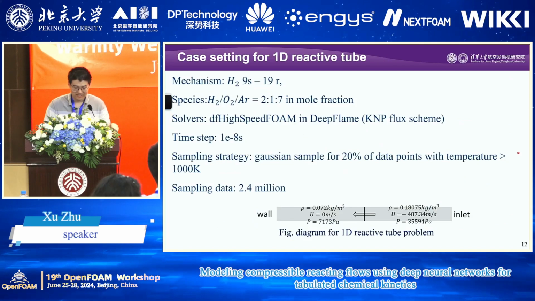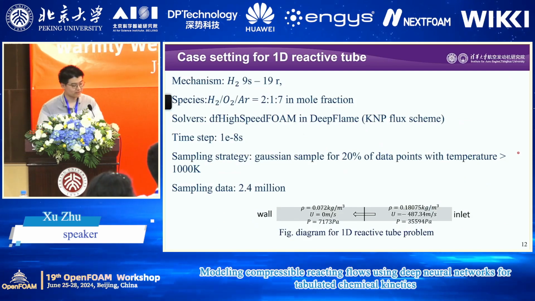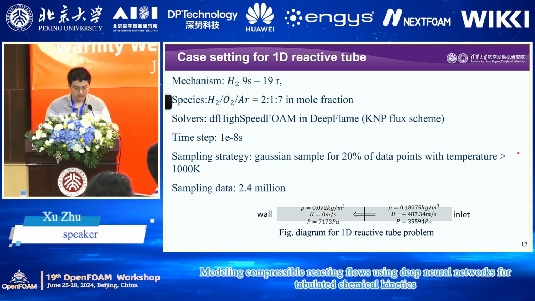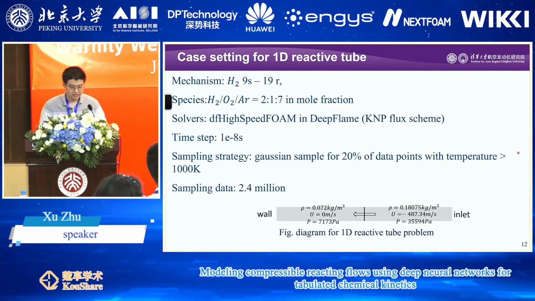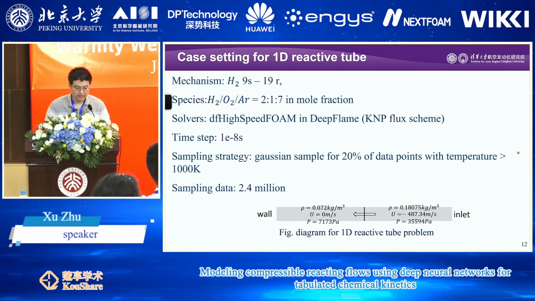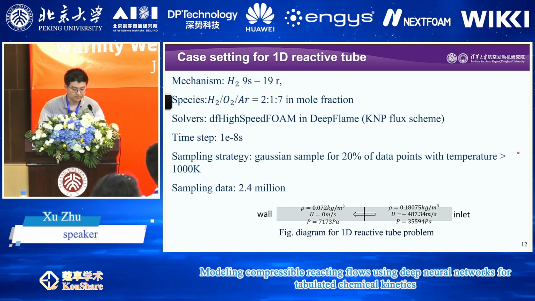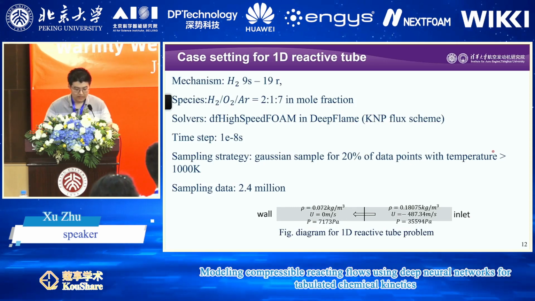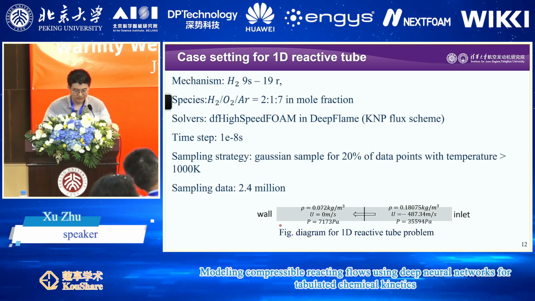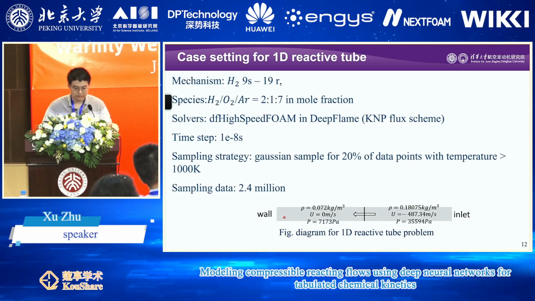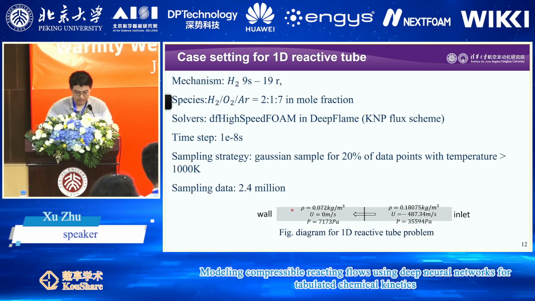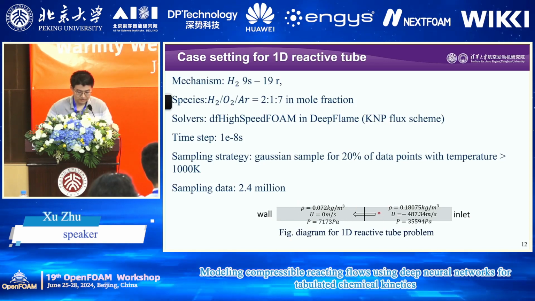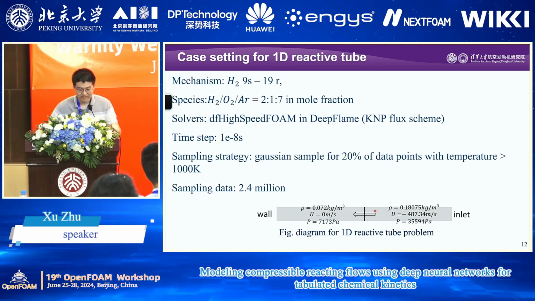Okay. The next case we set up is a 1D reactive shock tube, and the mechanism we apply is also hydrogen, with 9 species and 19 reactions. I have to talk more about this case. This is a premixed tube, and there is a discontinuity in the middle.